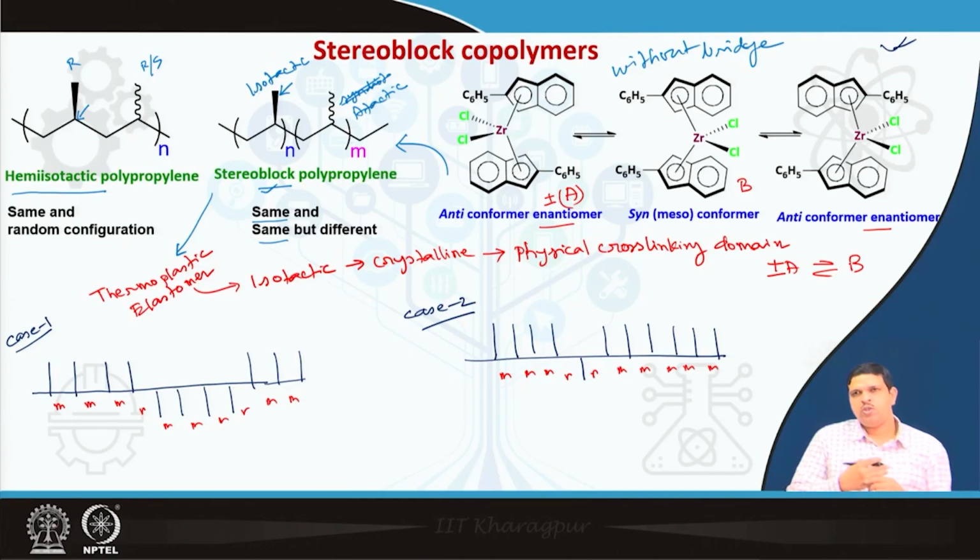Now you see that there is an equilibrium between these. The equilibrium may have two possibilities, this one or plus A, minus A. We will try to understand which is the dominating equilibrium, that is, which species are actually present mostly and responsible for the polymerization.